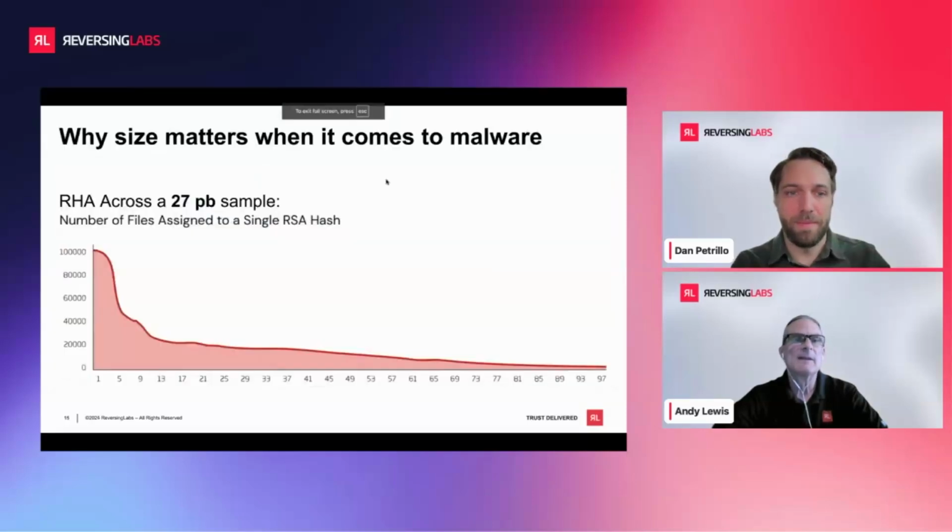Absolutely. One of the things that both Dan and I found exciting about coming to Reversing Labs is what you're looking at here. We call it the RHA, the Reversing Labs hashing algorithm.